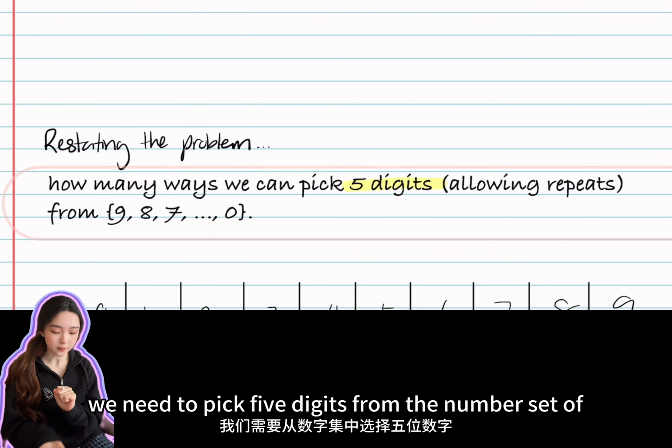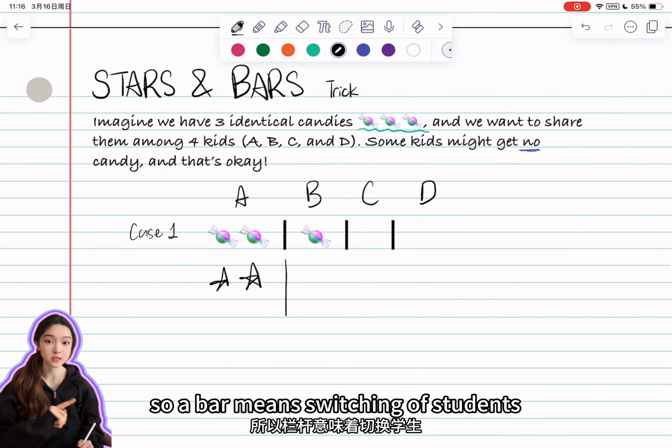One of these cases is denoted in the following picture, where we use 3 candy symbols and 3 bars. What does it mean? I first give 2 candies to student A. Then I use a bar to represent that I don't give student A any more candy and I want to switch to student B. So a bar means switching of students.